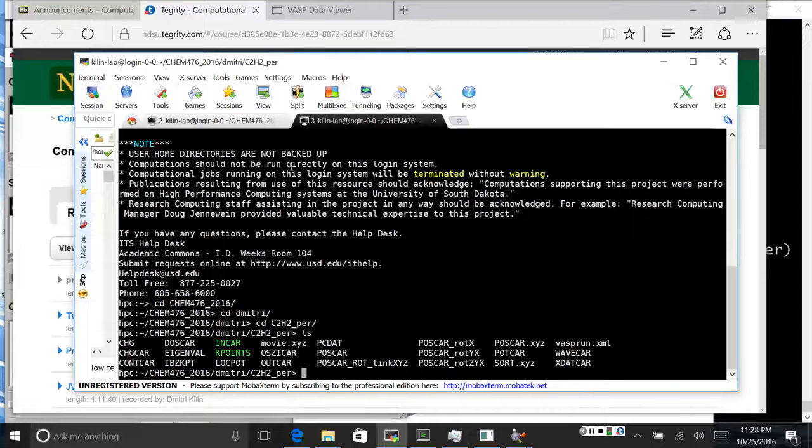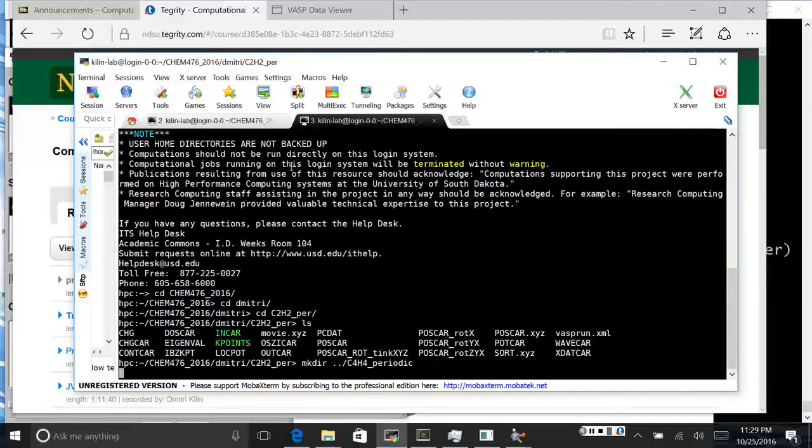Since I do not want to spoil good data in this directory, I'm going to make a new directory, C4H4 periodic, and I'm going to copy into this directory the output that we got here.